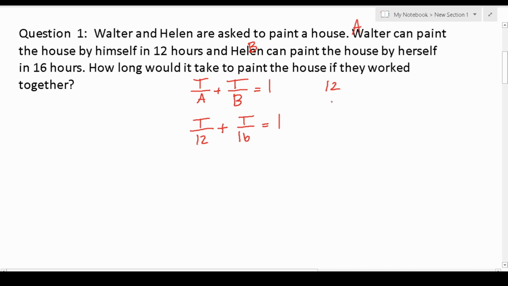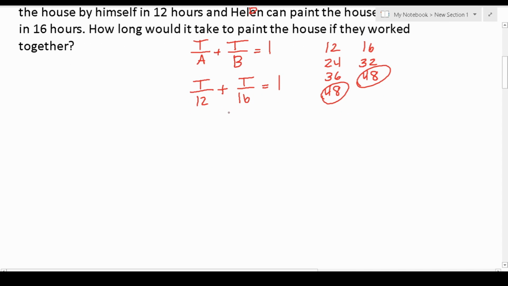So let's list out the factors of 12: 12, 24, 36, and 48. Factors of 16 are 16, 32, and 48. So as we can see, 12 and 16 have a common factor of 48. So that's going to be our common denominator. So let's go ahead and get this set up with a common denominator. Again, we know it's going to be 48.